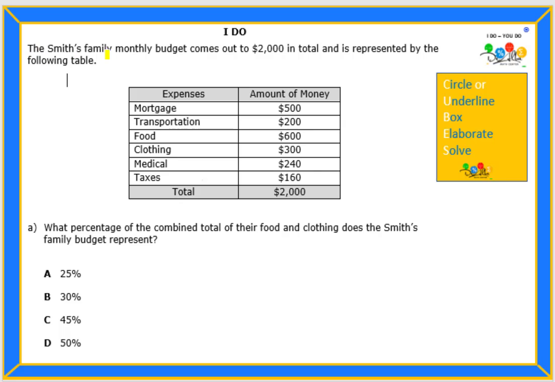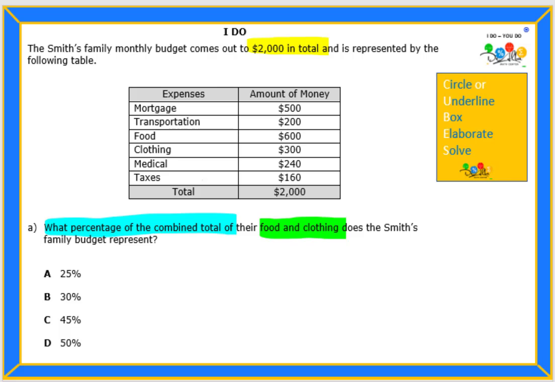The Smiths family monthly budget comes out to $2,000 in total, and it is represented by the following table. What percentage of the combined total of their food and clothing does the Smiths family budget represent?